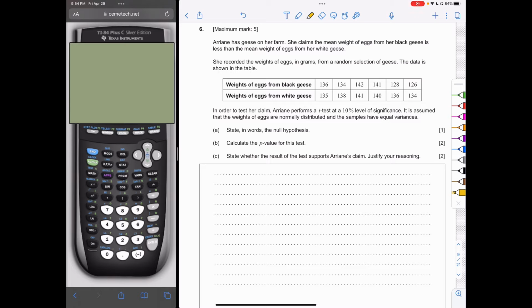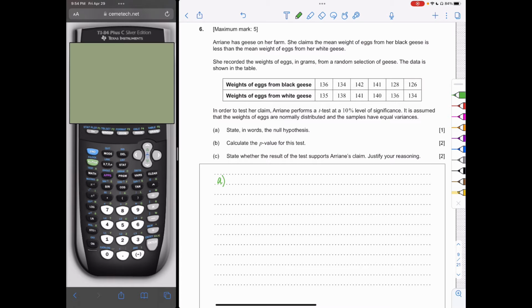So the first thing they want is, in words, to state the null hypothesis for this test. If we look at the beginning, it says that she claims, or she is going to predict, that the mean weight of the eggs from the black geese is less than the white geese. So the null hypothesis means that nothing is changing. We are assuming everything to be perfect and stay the same. So in that perfect world scenario, I would say that the means are equal.